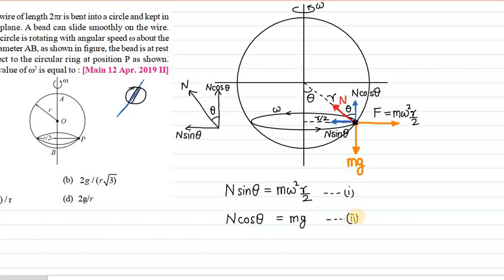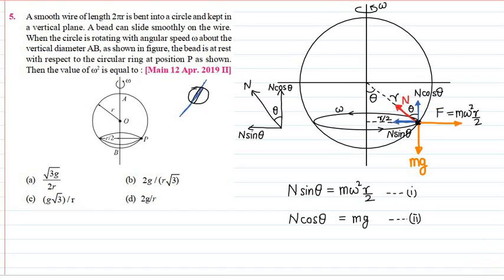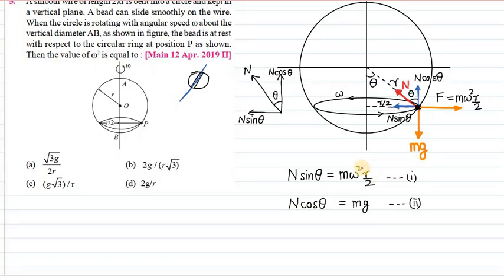We have to find the value of omega square. Let us divide equation 1 by equation 2. That means N sin theta divided by N cos theta equals m omega square r by 2 divided by mg.